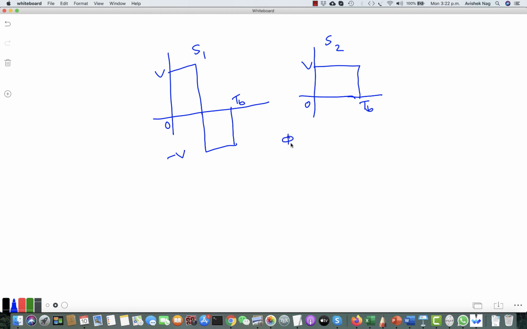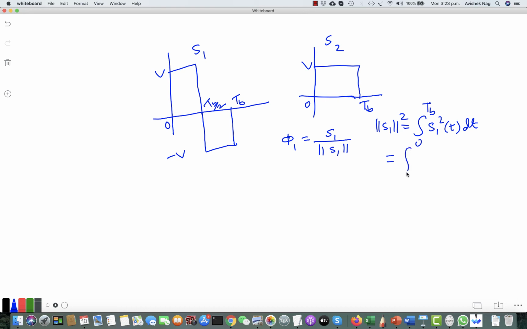The first step is to find phi 1, which is S1 divided by the norm of S1. The norm of S1 squared is the integral of S1 squared between 0 and TB. If you look at your S1, it's basically plus V between 0 and TB by 2 and then minus V between TB by 2 and TB. So this is halfway between 0 and TB.